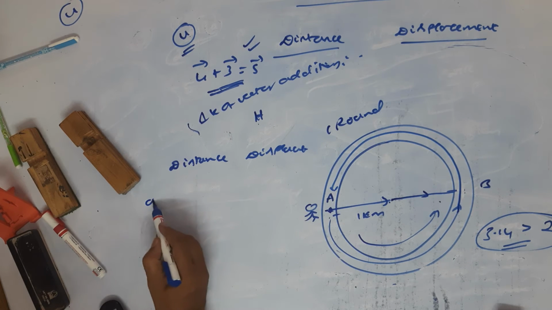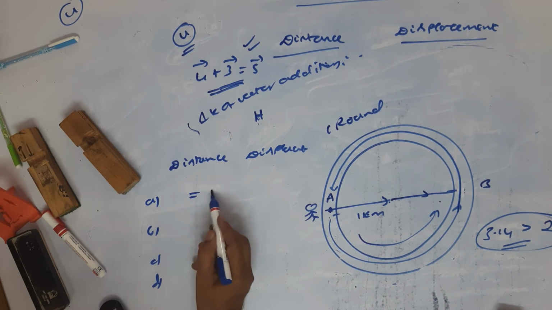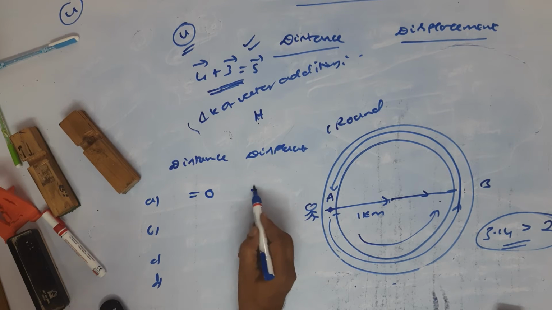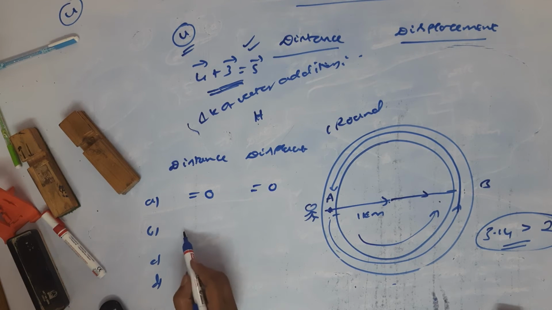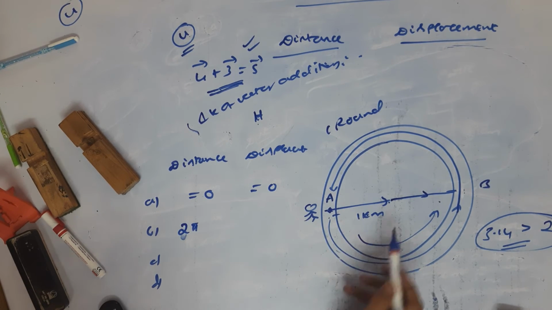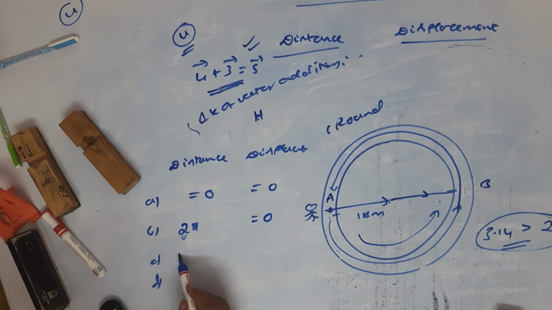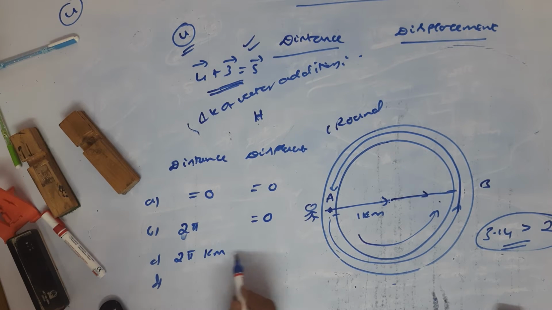What is the value of distance and displacement? Options I will give. Distance is equal to 0, displacement is also 0. Or distance is equal to 2 pi kilometer because radius is 1 kilometer, and displacement is equal to 0.